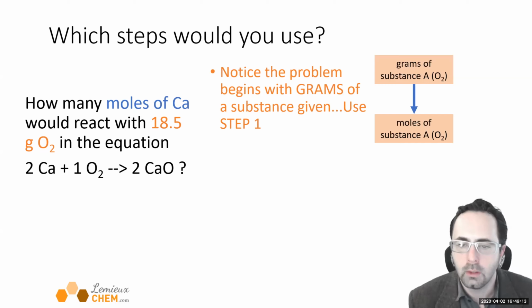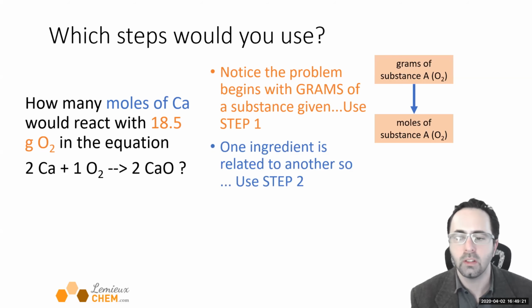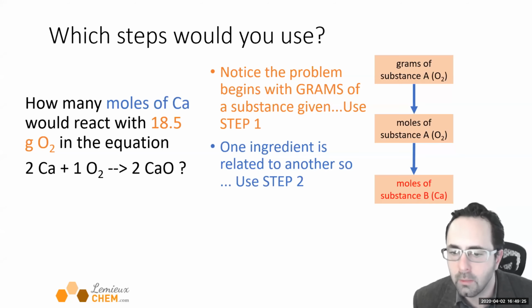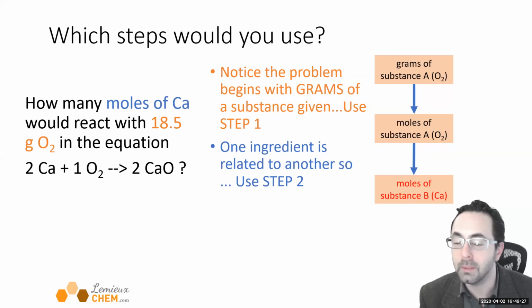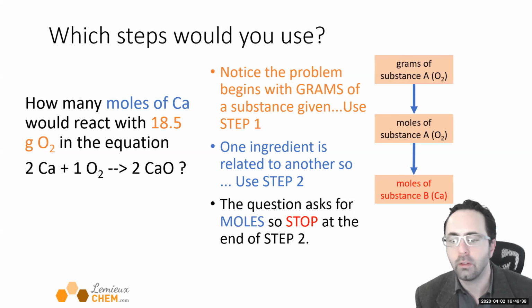Then the second step is to go from moles of substance A, which is O2 in this case, to moles of substance B, which in this case is calcium. And notice, moles of calcium is what we were asked to get. So once we've gotten to this part, we are actually already done. Step 3 would involve taking the moles of calcium and turning them into grams.